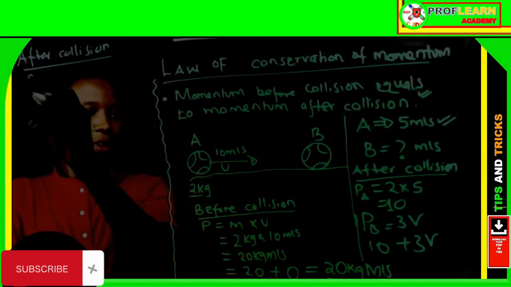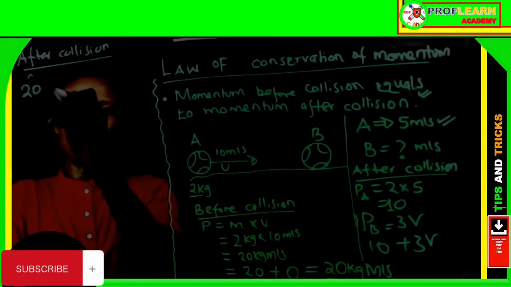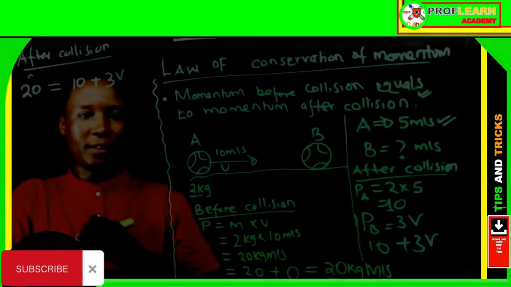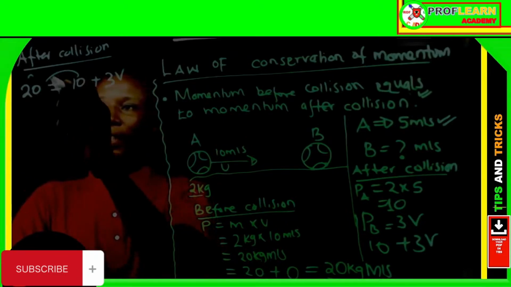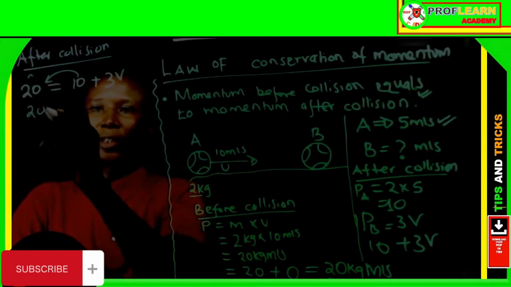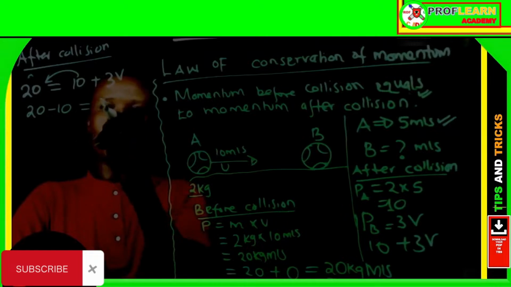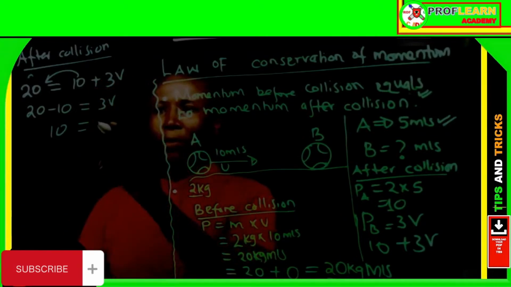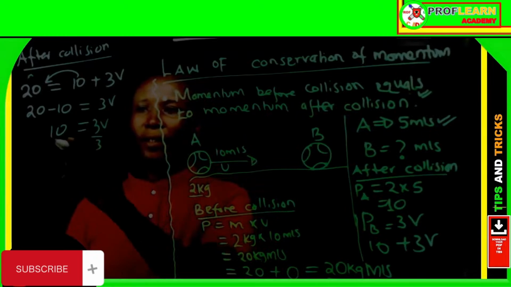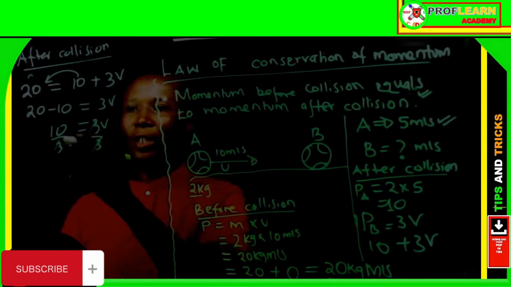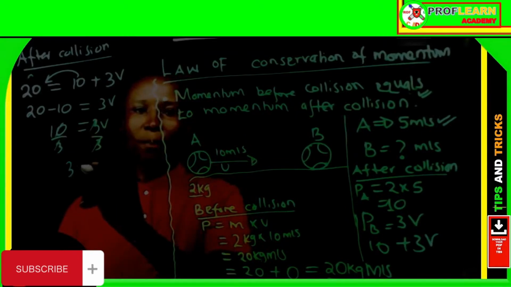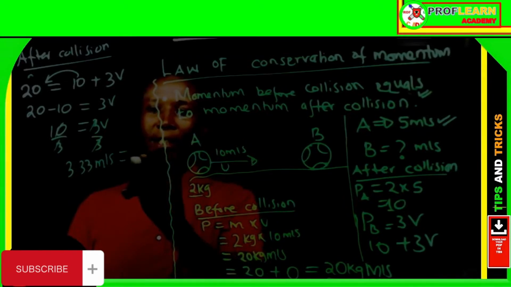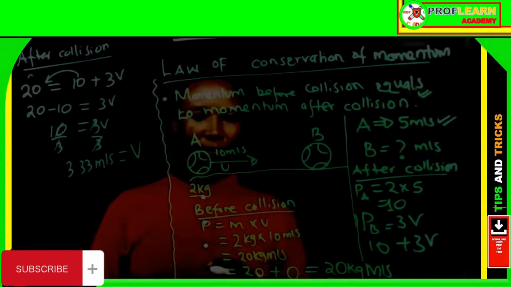So we can say 20 equals 10 plus 3v. So we take this to the other side: 20 minus 10 equals 3v, and this will be 10 equals 3v, divided by 3, divided by 3. This will cancel out, and we are going to have 3.33 meters per second as our value of v.